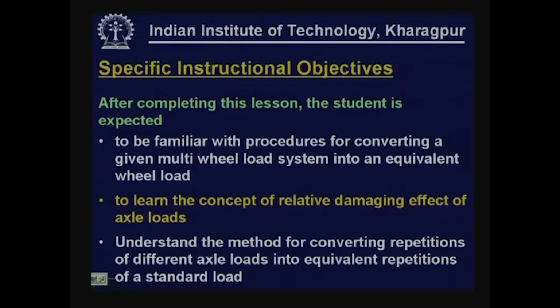We will also learn the concept of the relative damaging effect of axle loads, and using this concept, how different numbers of repetitions of different magnitudes of loads can be converted into an equivalent number of repetitions of a standard load.